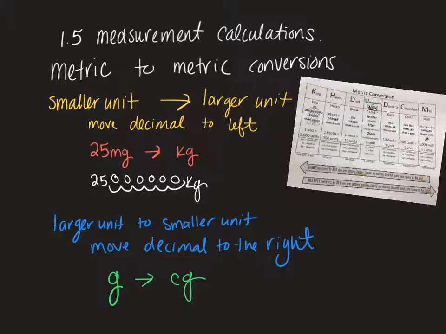So let's say we have 0.5 grams. To convert that to centigrams, we're going to go to the right 2 spaces. From grams to centigrams is 2. So we'll go 1, 2. So that would be 50 centigrams.